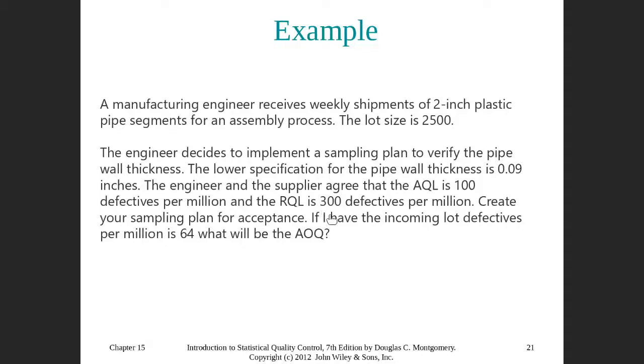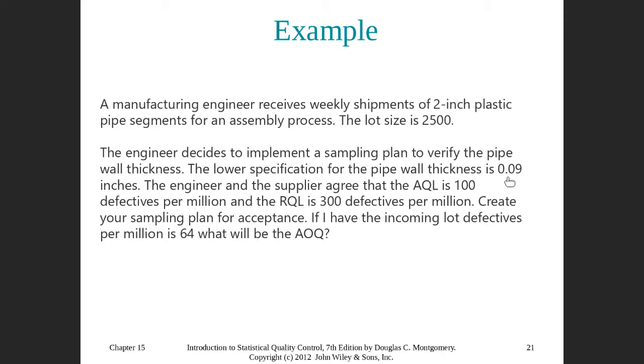But the new thing that we have here is the lower specification for the pipe thickness. It is given as 0.09. Usually when you are going to work with the number of defectives, you will need the lower specification that you have. Sometimes they give you the lower and the upper.